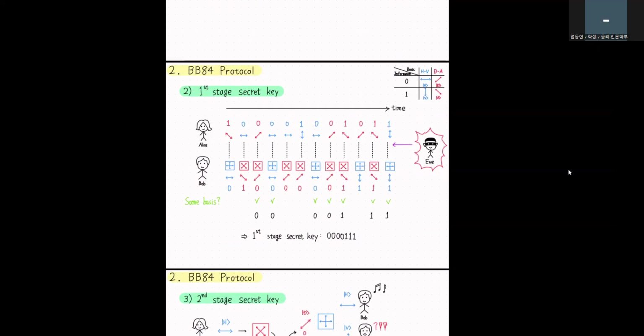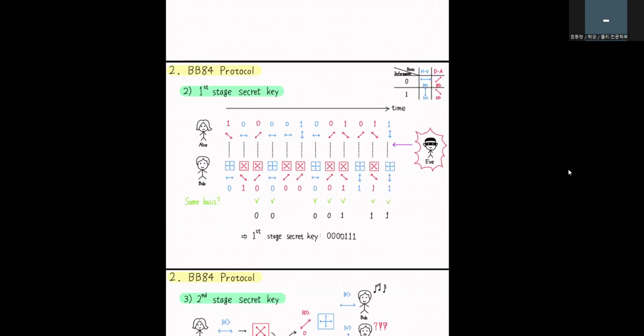And then what Alice and Bob do is that they compare the answers they get later on and only keep the bits that are measured by Bob in the correct basis. So for example, let's say that Alice sends Bob a one bit in the diagonal and anti-diagonal basis, but Bob measures it in the horizontal and vertical basis, and Bob gets a value of 0.